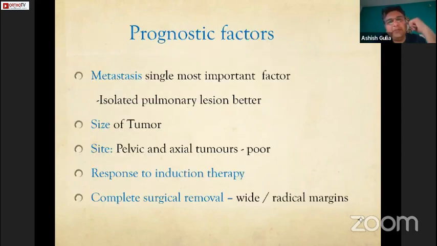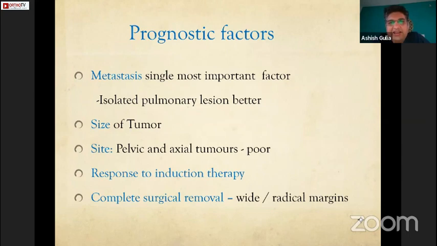Now we come to the prognostic factors in malignant bone tumors. Metastasis at presentation is the single most important prognostic factor. And if we differentiate these metastases, then isolated pulmonary metastasis or oligometastasis in the lung has a better prognosis as compared to nodal or bony metastasis or a combination.